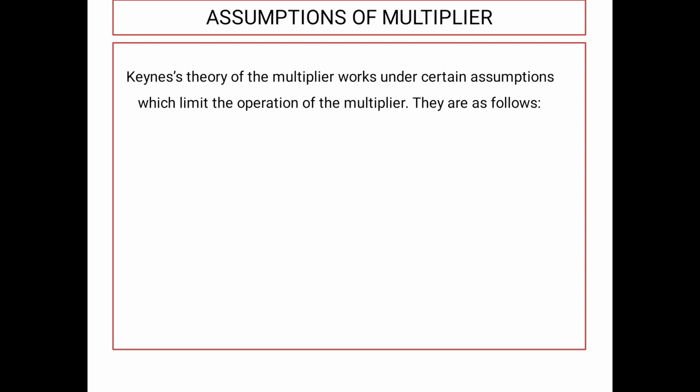Now let us see the assumptions of the multiplier. Every time a concept is coined in economics, there is an assumption. This may happen, that may happen, and this is the procedure you are supposed to follow. So the multiplier also has certain assumptions. First, there is a change in autonomous investment.